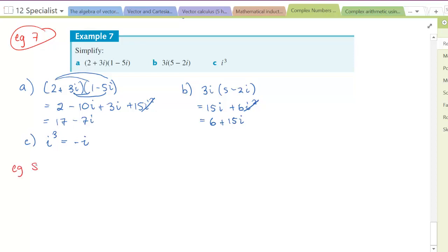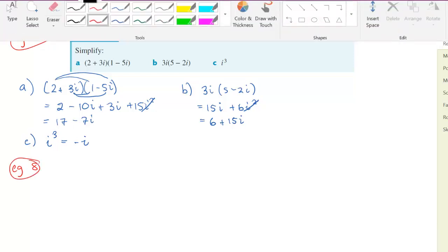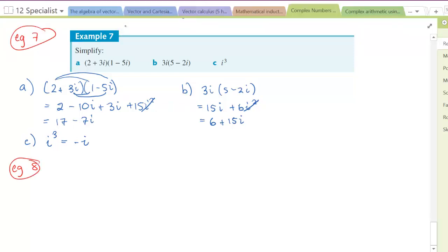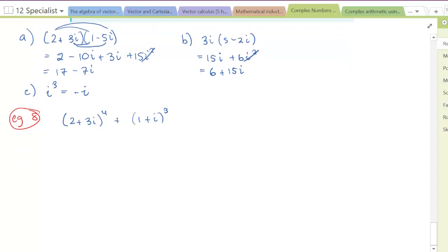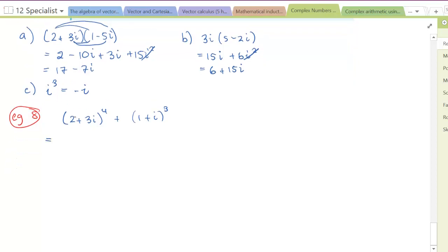If we want to look at a larger, more complex expansion, we could look at something like this: 2 plus 3i to the power of 4 and 1 plus i to the power of 3. Now, if we go back and we understand Pascal's enough, we know that when we expand a binomial to the power of 4, we're going to have the coefficients 1, 4, 6, 4, 1.